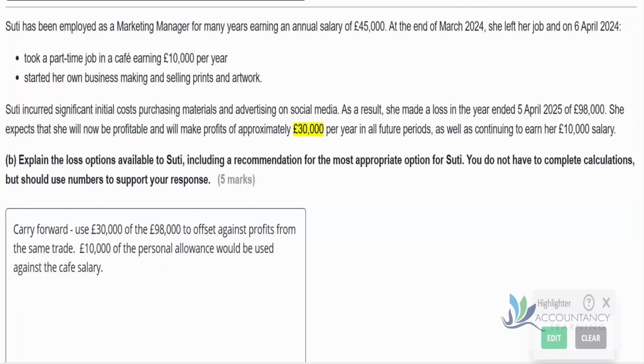So if you're going to carry forward, we'd use 30,000 of the 98,000 loss to offset against profits from the same trade, her print and artwork trade. She's still getting salary of £10,000 and she'd use her personal allowance to offset that. There'd still be the 2,570 of personal allowance that would be wasted, but it wouldn't be as much as if we carried back the losses. So we use the personal allowance against the cafe income and we use the art losses against the future art profits.